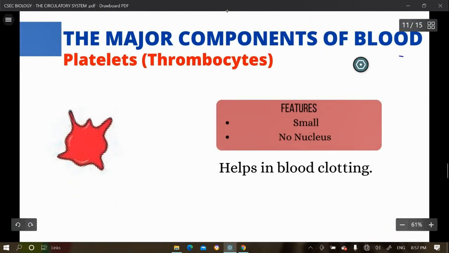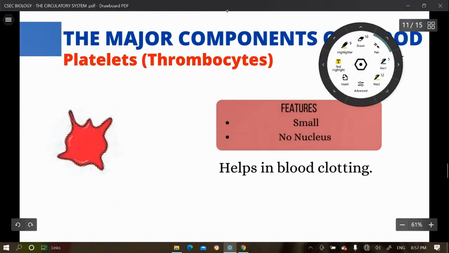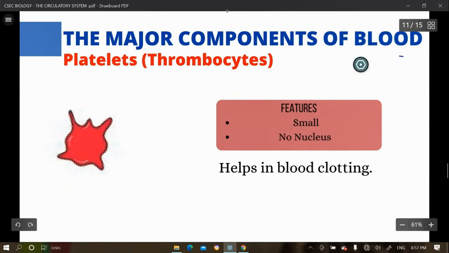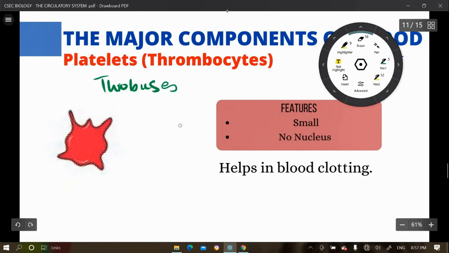Now, platelets, also called thrombocytes, these are responsible for the clotting of your blood. So, for forming a thrombus, or blood clot.